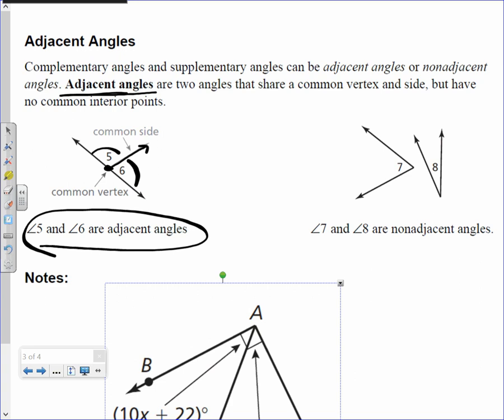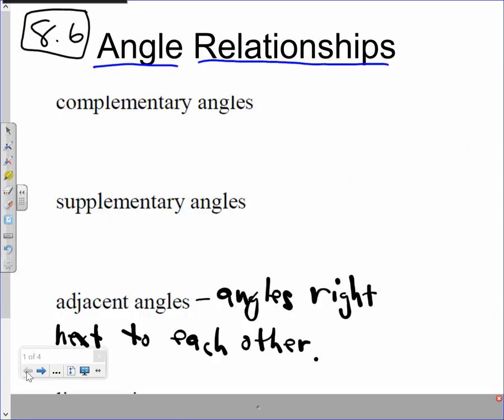Flip the page over. Let's define complementary now. What are complementary angles? Perhaps some of you have been introduced to complementary angles prior to my class, and you may remember what those mean.